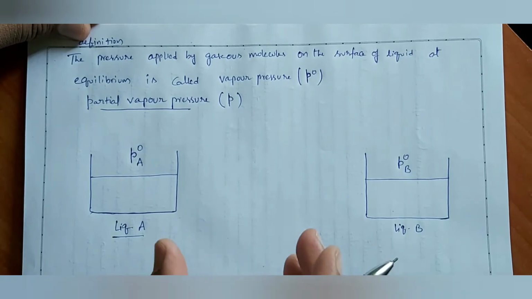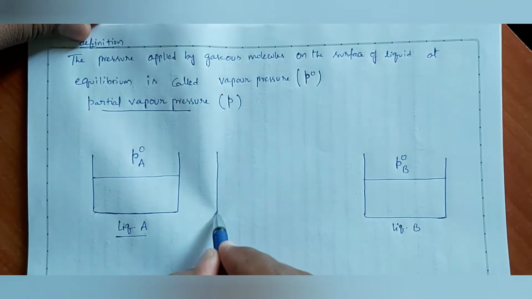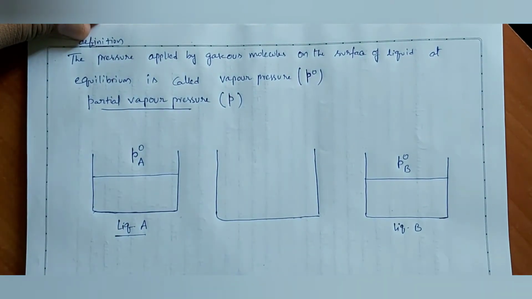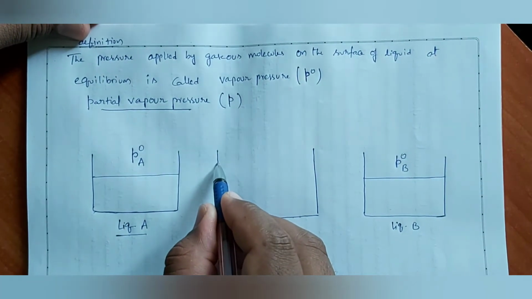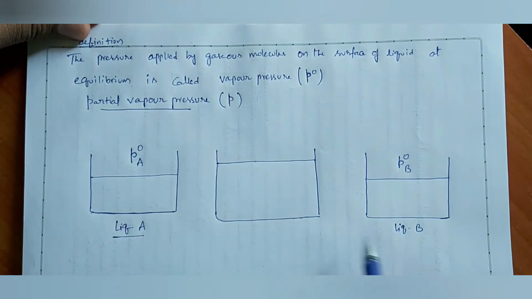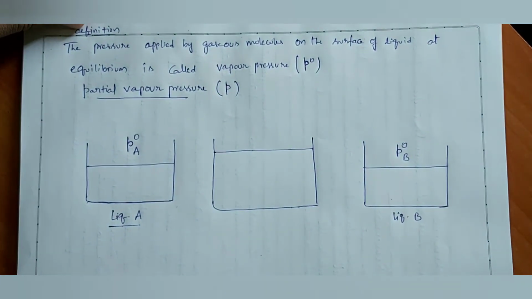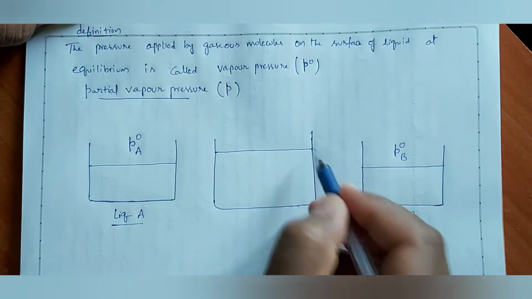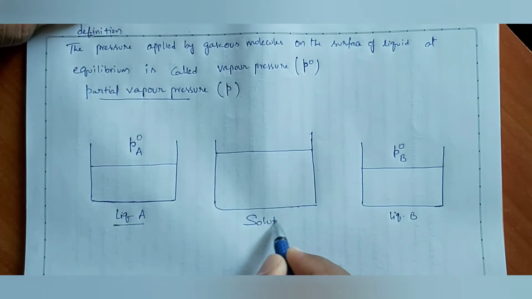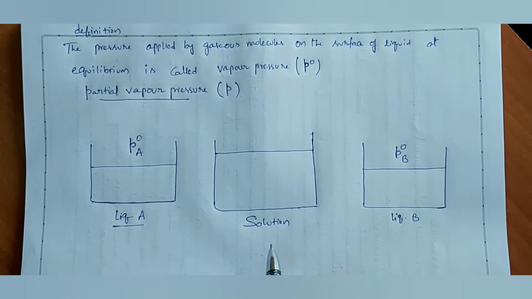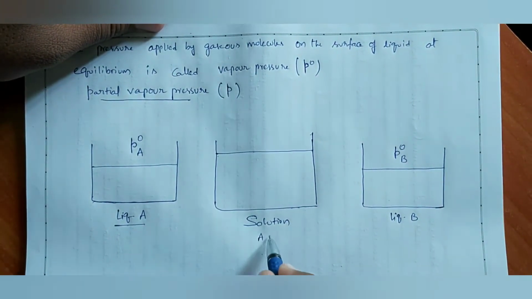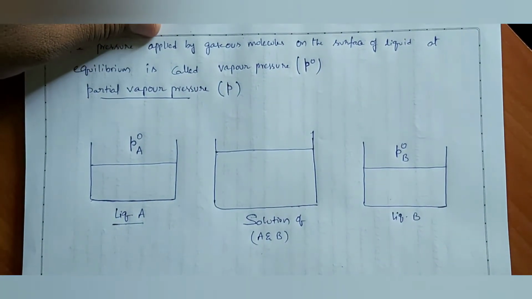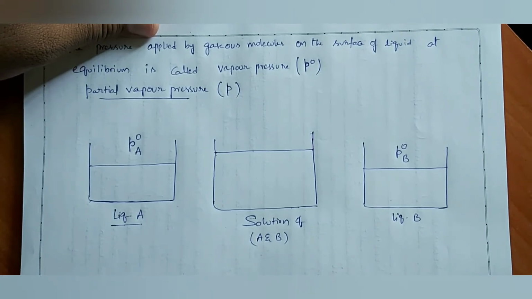Now we are going to prepare one solution by mixing these two components, A and B. Liquid A and liquid B are mixed to form a solution, a solution of A and B. Both are liquids, that's why this is called a liquid-liquid solution.